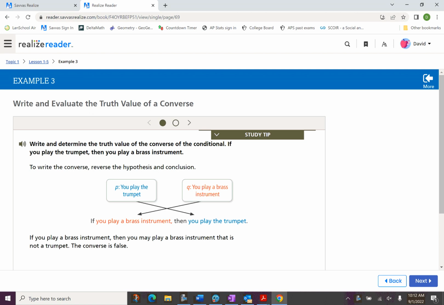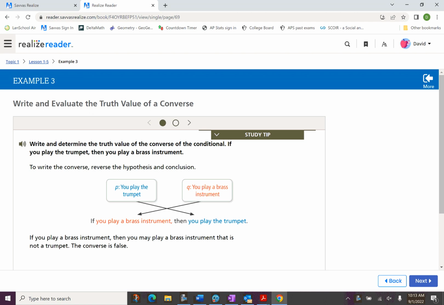So technically here, the hypothesis is you play the trumpet. Technically, the hypothesis does not include the word if. The conclusion does not include the word then. In this case, our conclusion is the idea you play a brass instrument.